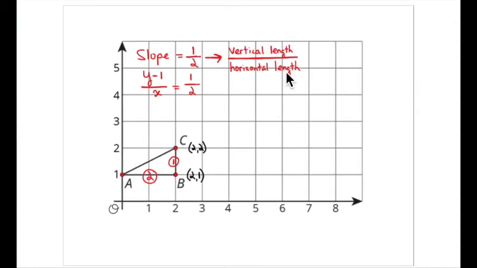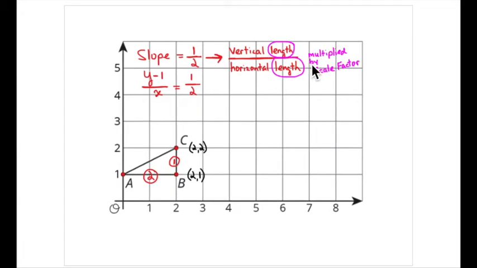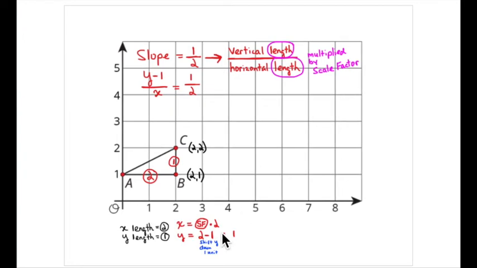Okay, the ratio of the vertical length to the horizontal length gets multiplied by the scale factor. So dilations, or scaling, is all about multiplying the lengths by the scale factor. So the horizontal distance is equal to 2, and that gets multiplied by the scale factor, so x is equal to the scale factor times 2.